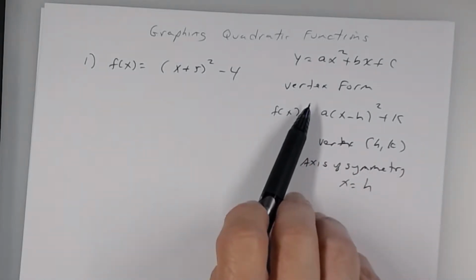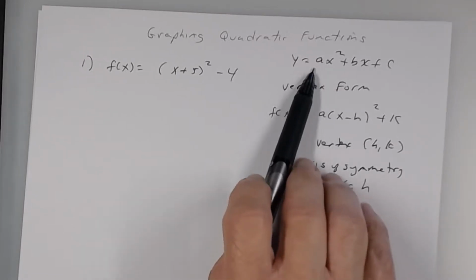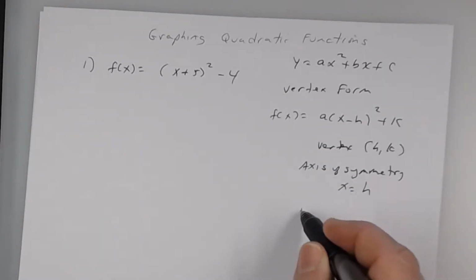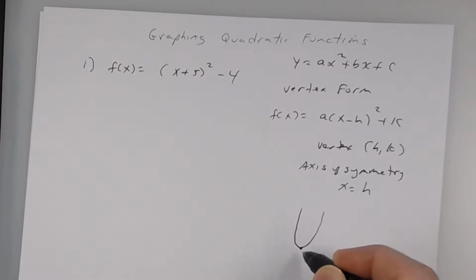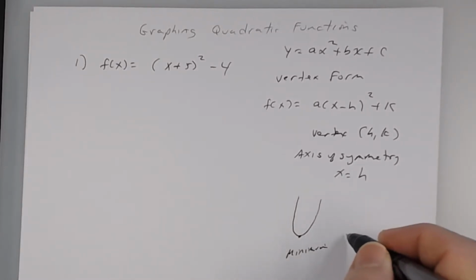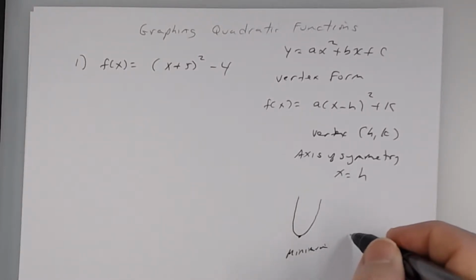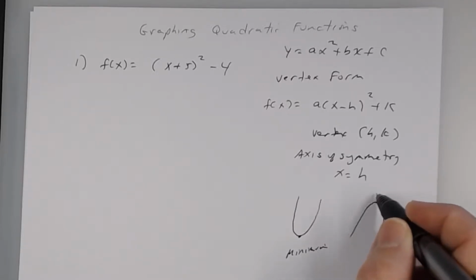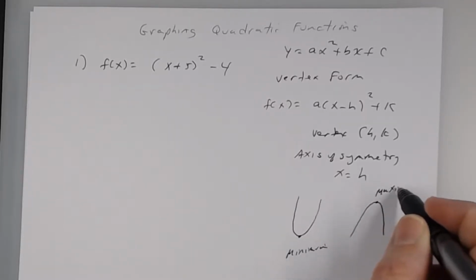If A is positive, the parabola is going to open up, and so your vertex is going to be a low point, would be a minimum. If A is negative, what does your parabola do? Opens down, and so your vertex would be a maximum.